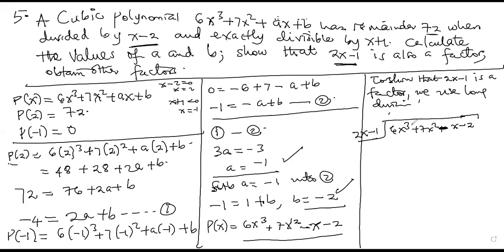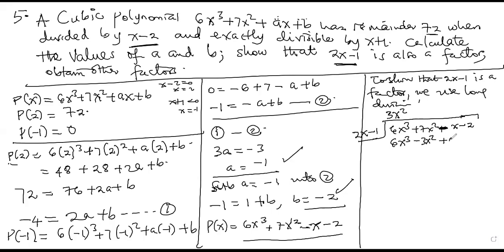6x cubed divided by 2x is going to be 3x squared. 3x squared times 2x will be 6x cubed. 3x squared times negative 1 is minus 3x squared.